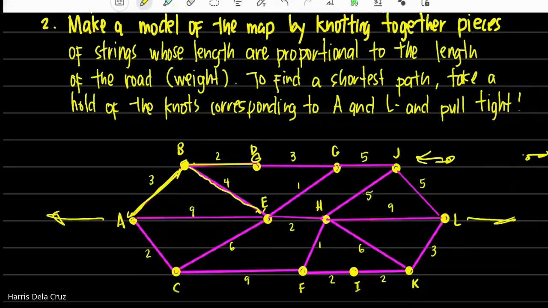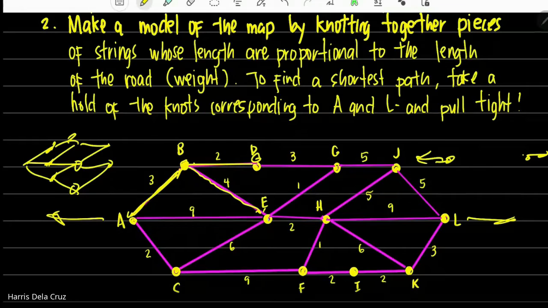Parang pag nakakita kayo ng duyan, nakakita na kayo ng duyan na gawa sa string. And I hope you can imagine yung mga duyan na gawa sa string. Ayan. Diba? Parang ganun lang yung idea. Pag hinatak mo yung dalawang knot, kuha ka ng dalawang knot, pag hinatak mo yun yung shortest path. So you can try that at home during your free time to test the idea.